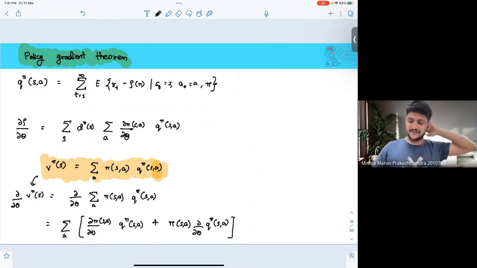Now, since I have defined q pi s of a here, I'll just take the derivative of that.